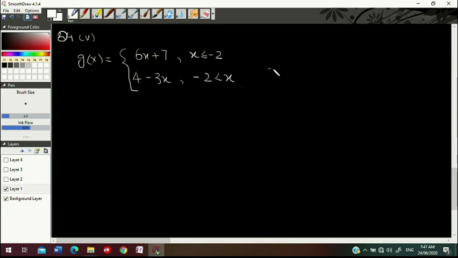As we know, when we talk about polynomial functions, we have a domain from minus infinity to plus infinity. Minus 1, minus 2, minus 3, minus 4, 1, 2, 3, 4, up to plus infinity, and so on from minus infinity. Here I would like to explain this function. So when we have 6x plus 7, here the domain is x is less than or equals to minus 2.